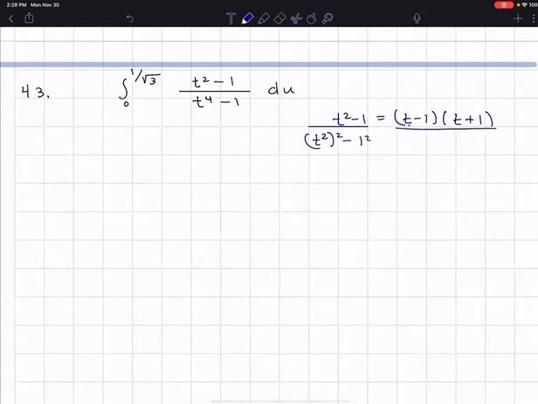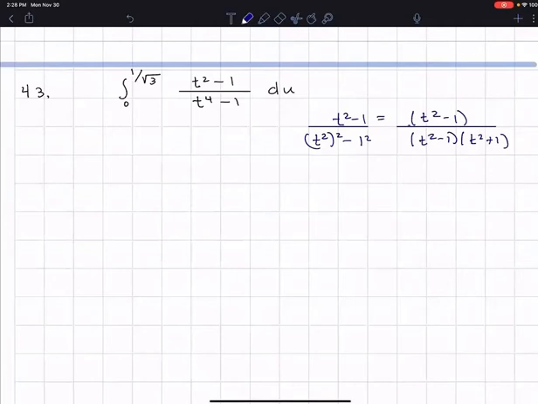So that's going to make t squared minus 1, t squared plus 1. Actually, now that I did that, I see that maybe I don't even want to factor the numerator because of the cancellation here. So this is going to give t squared minus 1, and then t to the fourth minus 1 is t squared squared minus 1 squared, so it's going to be t squared minus 1, t squared plus 1. And then those will factor out.